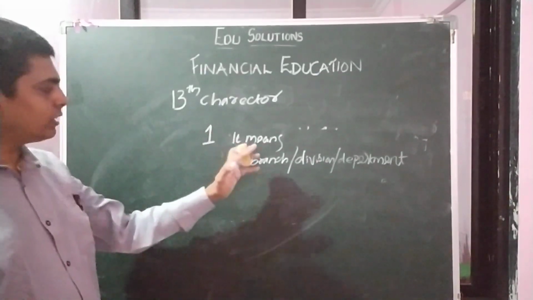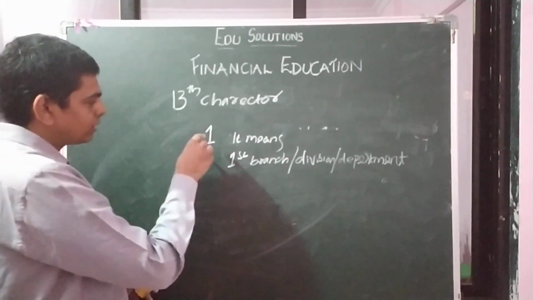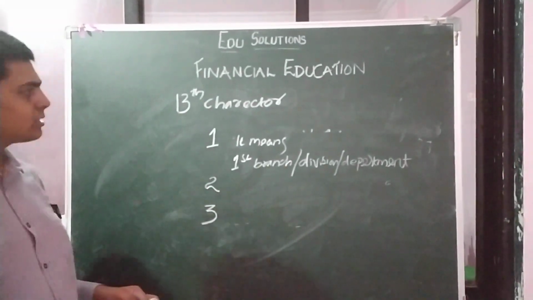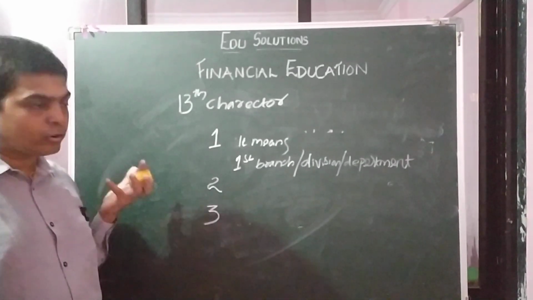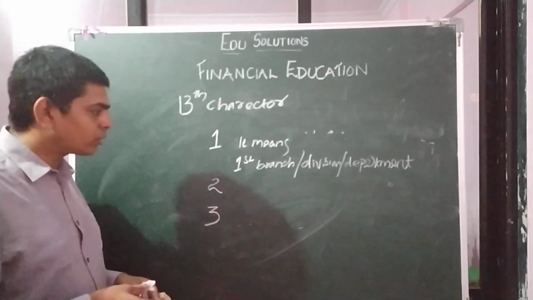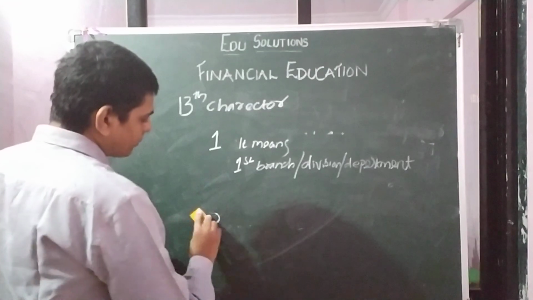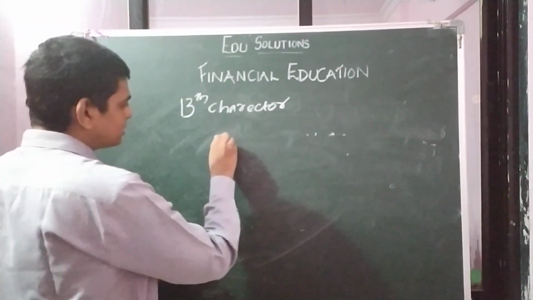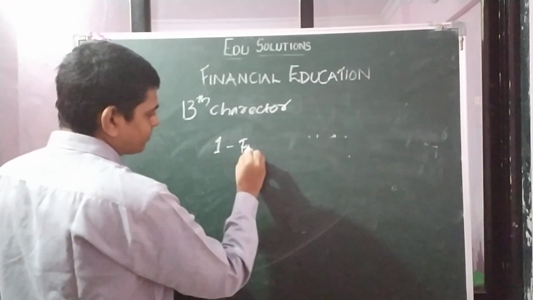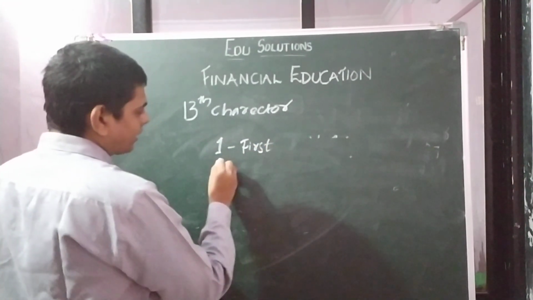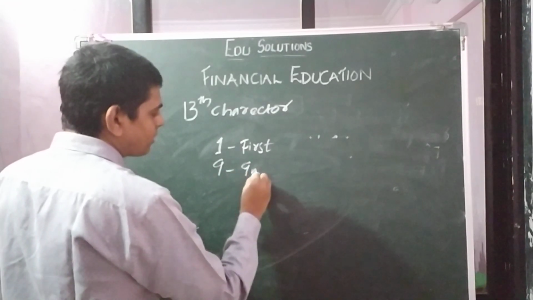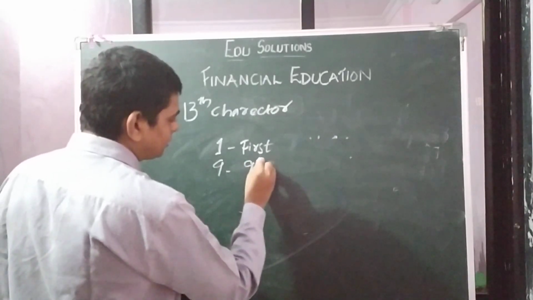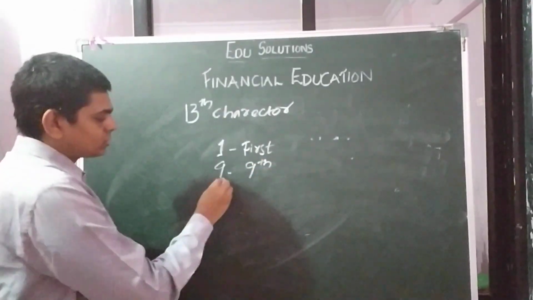The entire thing remains the same, and only the 13th character changes as 1, 2, 3. The rest all remains the same, as the organization is the same and has only one PAN number. As I said, 1 means it is the first, 9 is the 9th, then after 9 it starts with A.